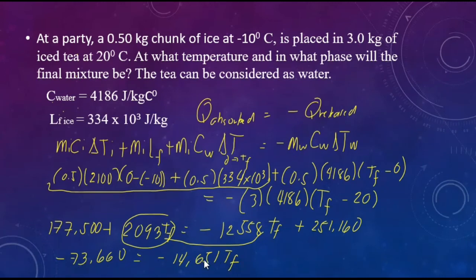And then for you to be able to get final temperature, of course, you have to divide negative 73,660 divided by negative 14,651. So that will give you final temperature. Our final temperature, so we'll solve that. Yeah, final temperature is equivalent to 5.03 degrees Celsius. Okay.